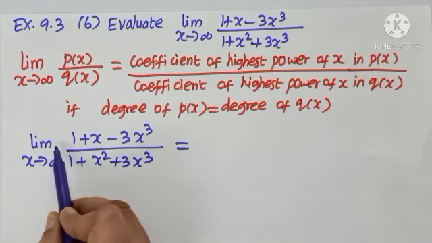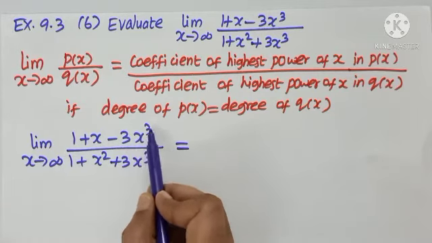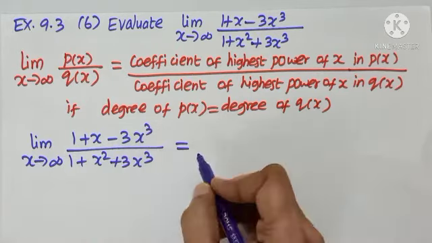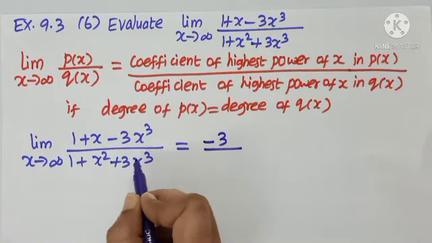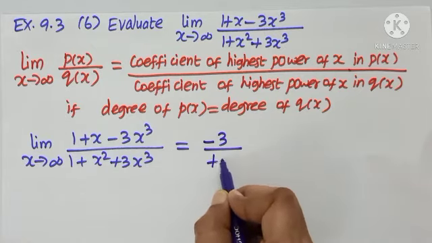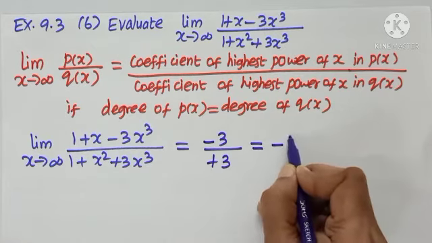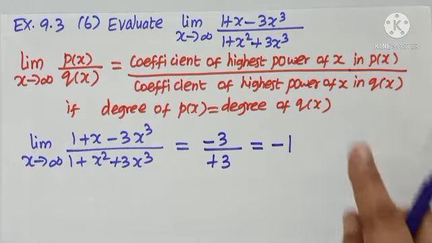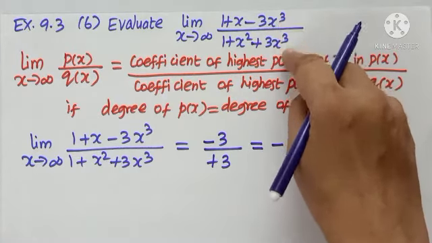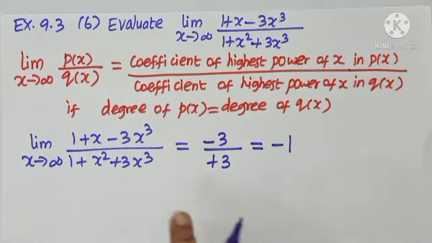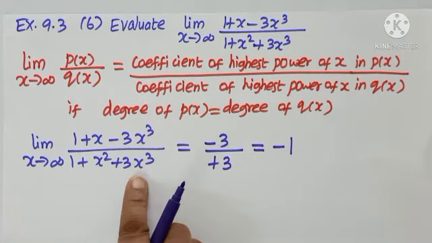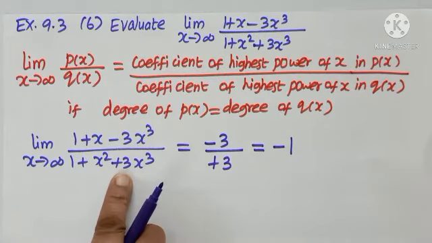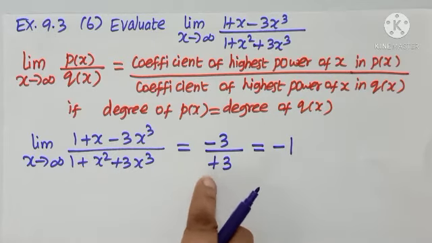Here, the highest power of x is x power 3 and the coefficient is minus 3. In the denominator the highest power is x power 3 and the coefficient is plus 3. So my answer is minus 1. Whenever the numerator and denominator are of the same degree, I can just put highest power coefficient divided by highest power coefficient. So minus 3 by plus 3 will give me the answer as minus 1.